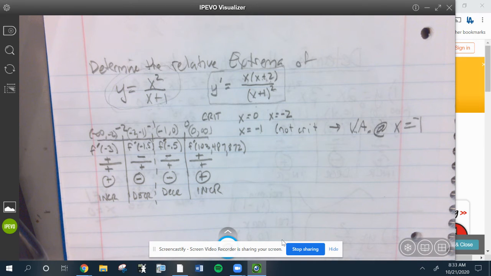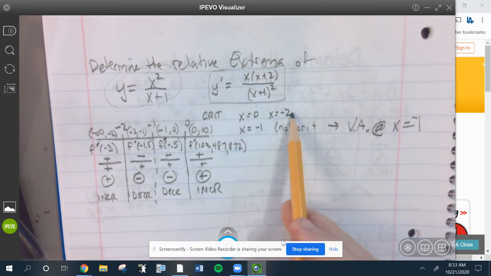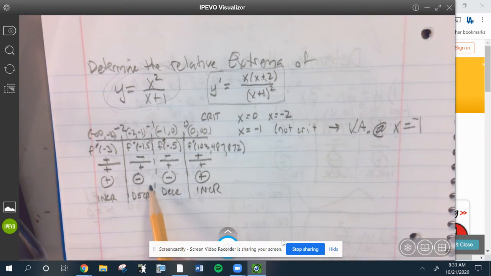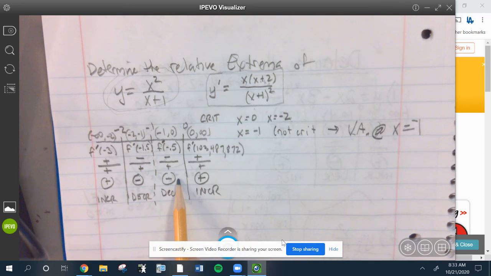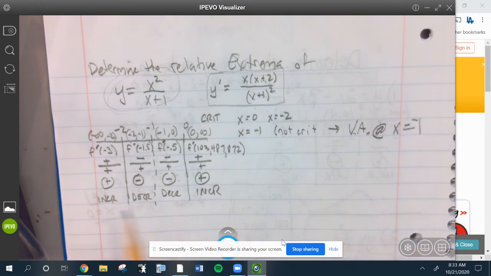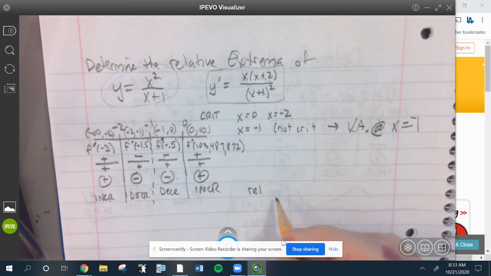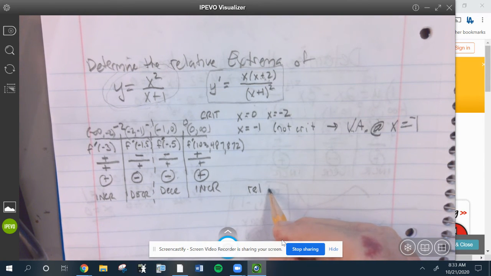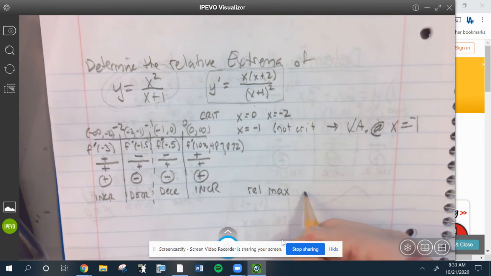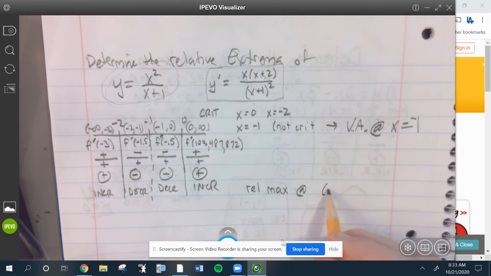The question was determine the relative extrema. So the relative extrema, remember, can only occur at critical numbers. So the only two candidates here are 0 and negative 2. Negative 1 is important because this could have changed. But if you look at negative 2, it's a relative max at negative 2.